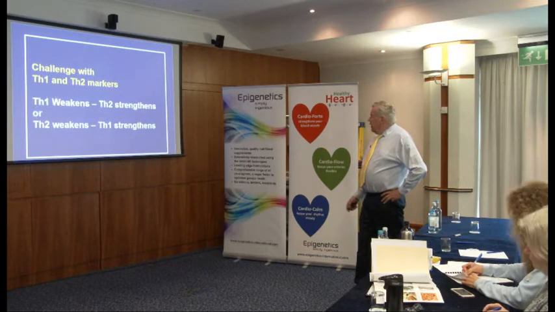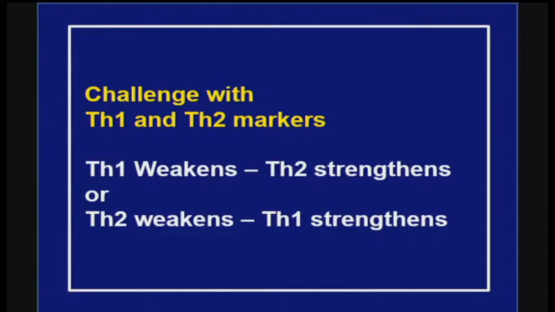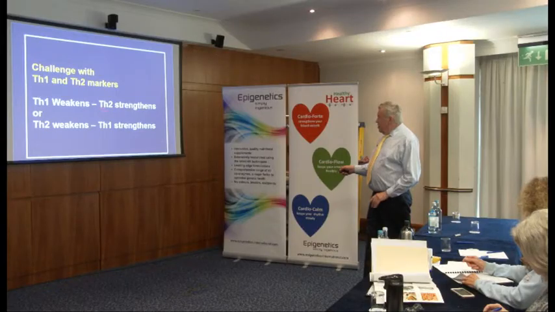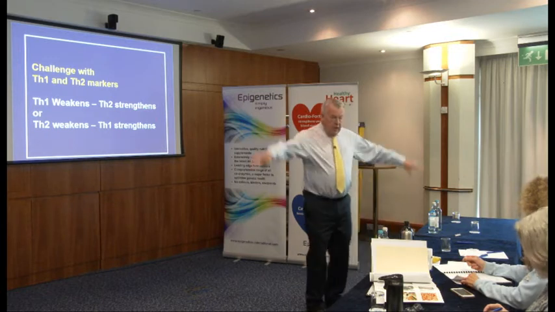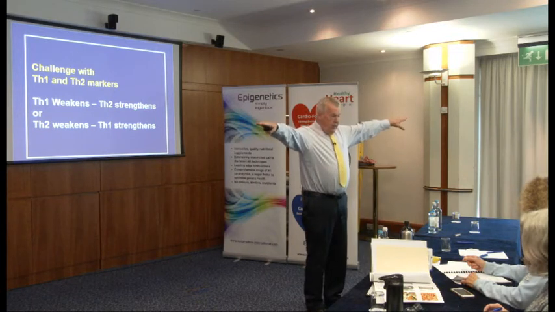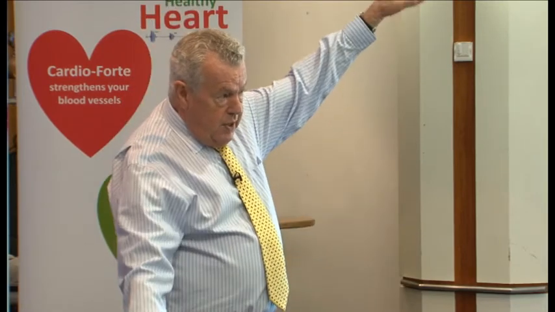Right, so as we mentioned, one of the ways to know that we have an imbalance between the Th1 and the Th2 driving this inflammatory condition is: does Th1 weaken and Th2 strengthen, or Th2 weaken and Th1 strengthen? Think of it as a seesaw. It's never that or that, it's always a balance between those two.